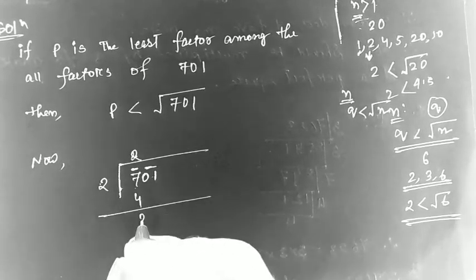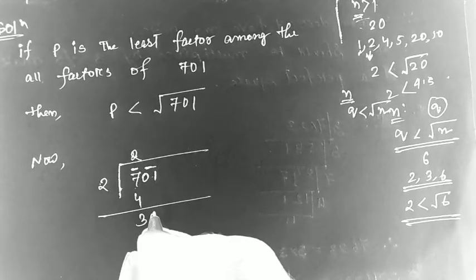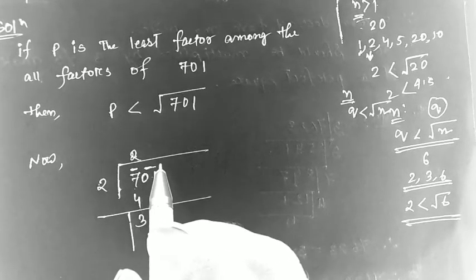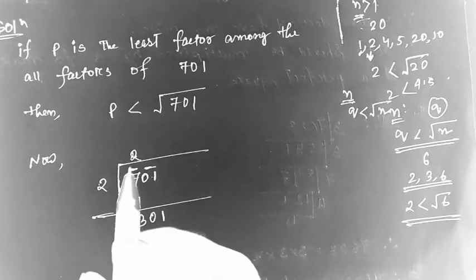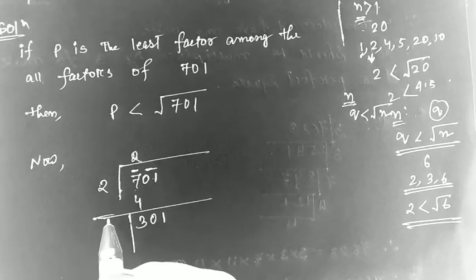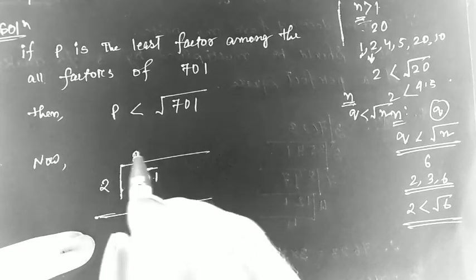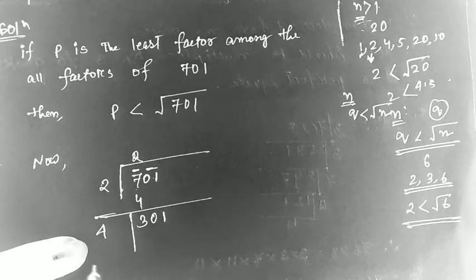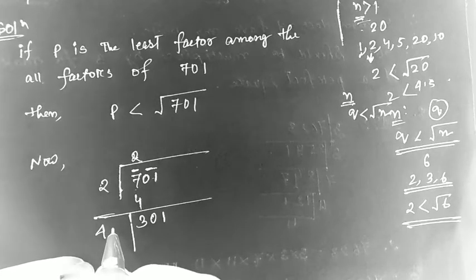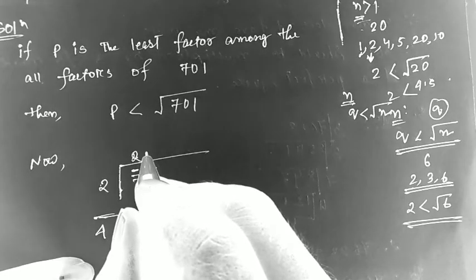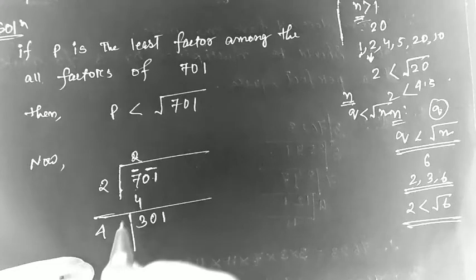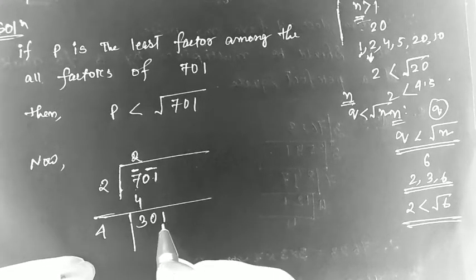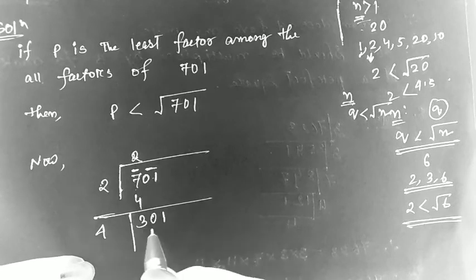So 3. Now this pair will come down, 301. And now we will put the double of the number here. What is the number here? 2. We have to put double here, that means 4. Now we have to put some number here, and the same number here also, such that if we multiply the whole number, it should be either equal to 301 or less than 301.